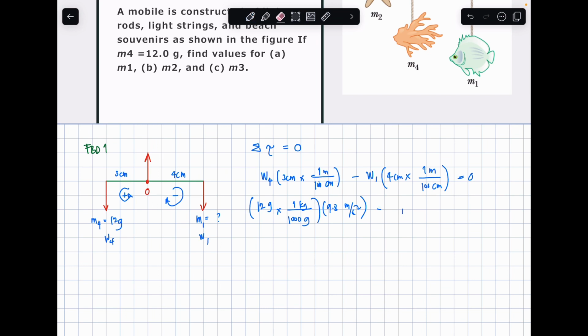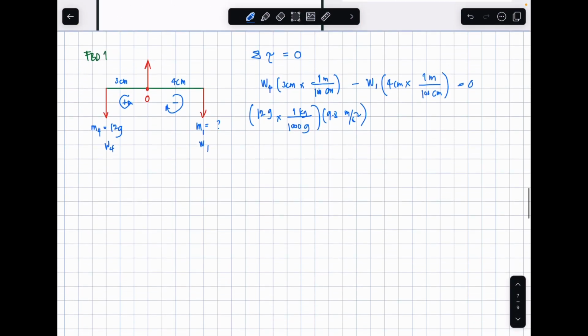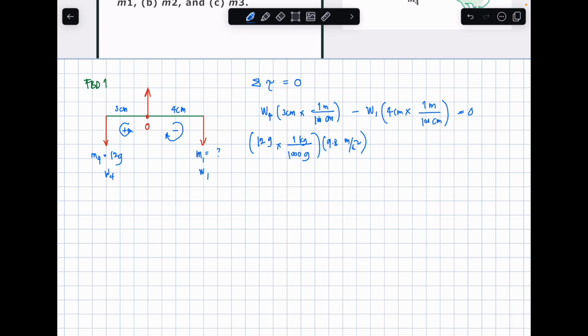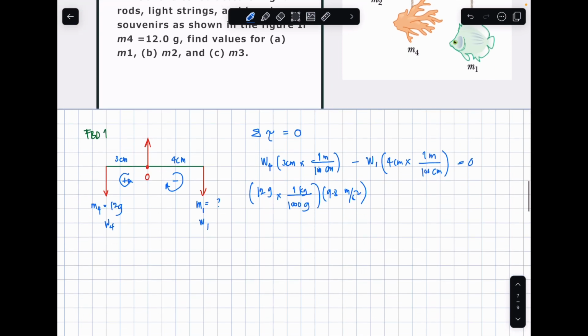The weight of the coral is mass multiplied with the gravitational constant, or just mg, multiplied by 3 over 100, which is 0.03, in meters.